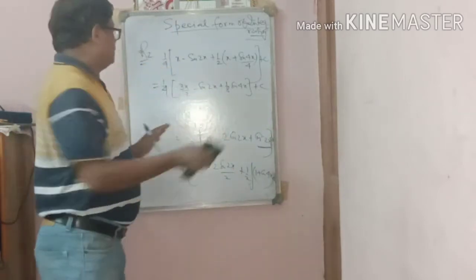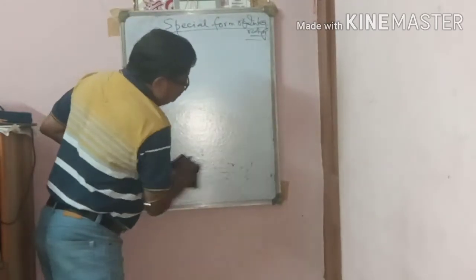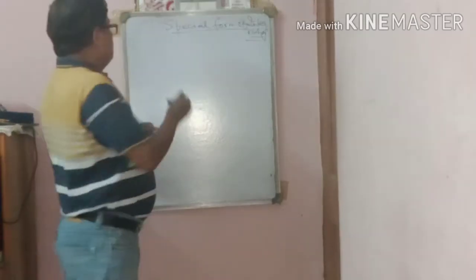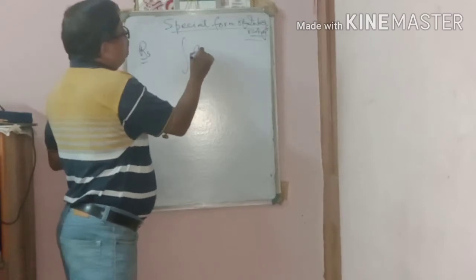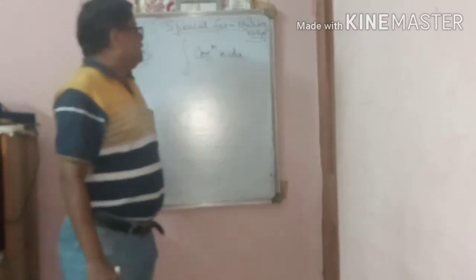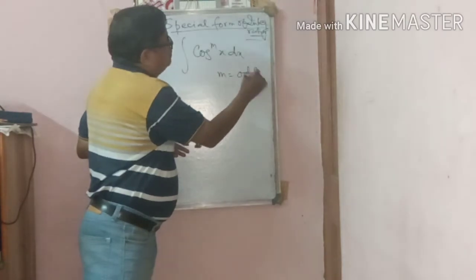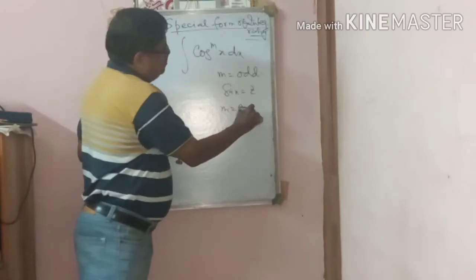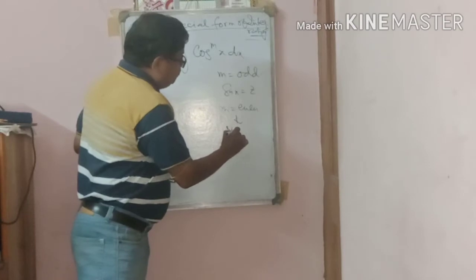Understood? Now, similarly, suppose cos to the power mx dx. Similarly, I am not explaining this part. If m is an odd number, then you put sin x equal to z. If m is an even number, then convert into multiple angle formula.